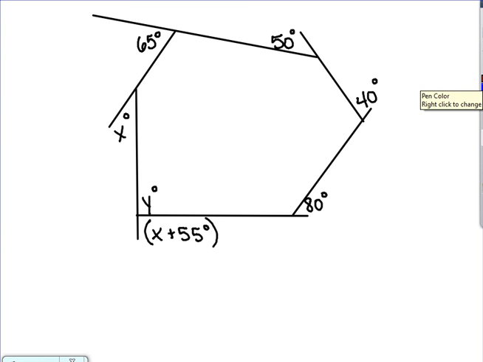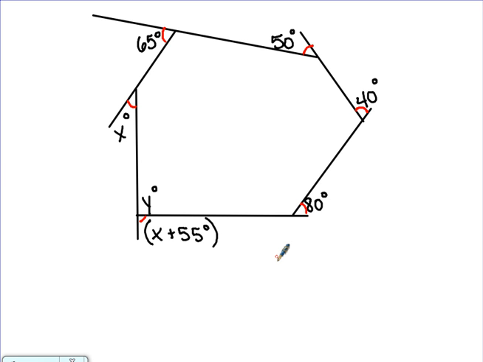We have a polygon. It has 1, 2, 3, 4, 5, 6 sides, which makes it a hexagon. It's an irregular hexagon. But the sum of exterior angles, this angle here, here, here, and here, the sum of these angles should be equal to 360 degrees.